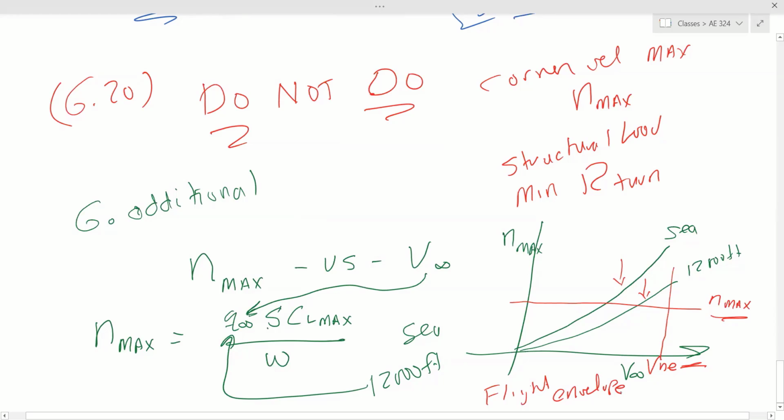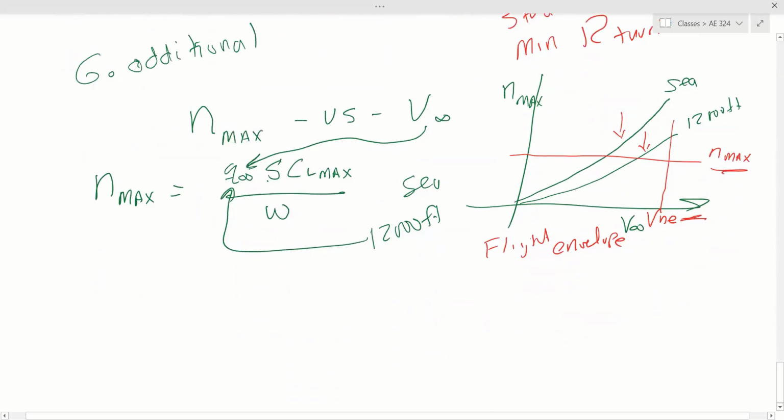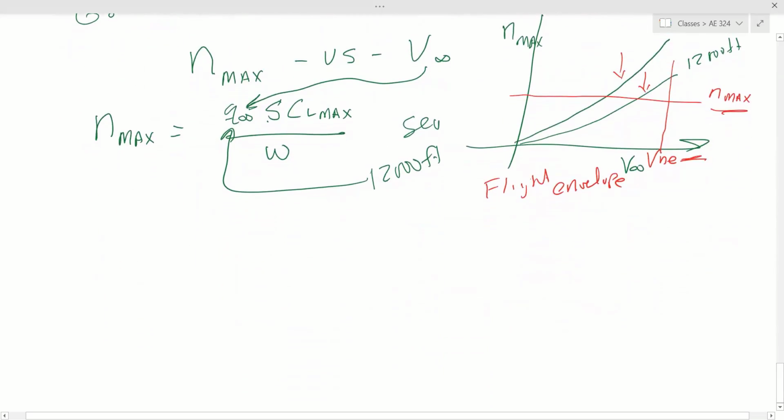I'm going to allow you to, when you do this in a spreadsheet, I'm going to give you numbers to spot check. So we're going to have velocity. This is sea level. This is Nmax, sea level. And then I'll give you the dynamic pressure for 12,000 feet. And the Nmax for 12,000 feet. So make sure I read across the right row.